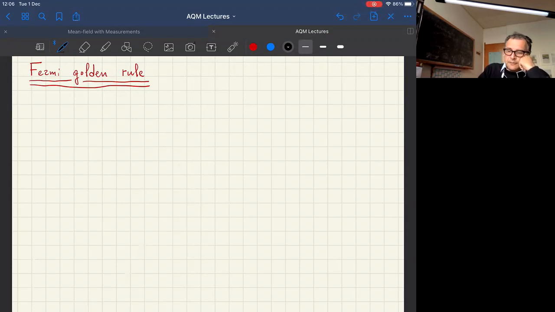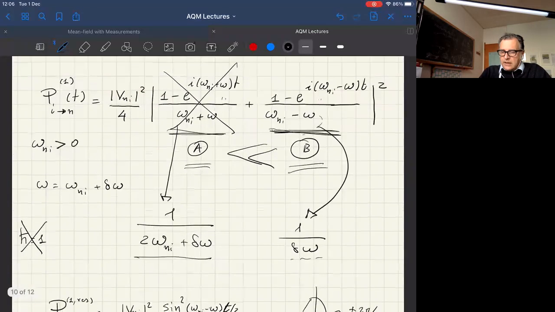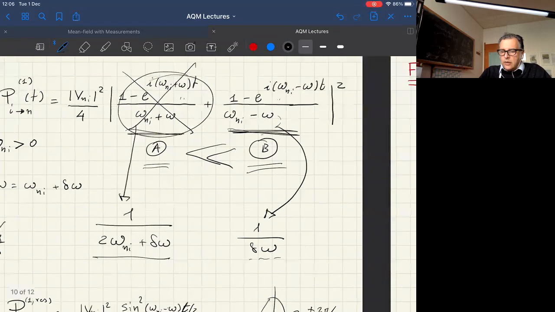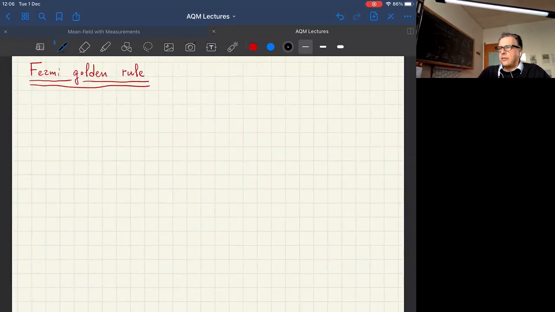So since I told you that when a frequency is close to the resonance frequency, there is one term, the resonant term, which is much more important than the non-resonant one, then we just forget, for simplicity, this term here, which means another way to say it is that we just assume that H is just given by H0 plus V times e to the minus i omega t.